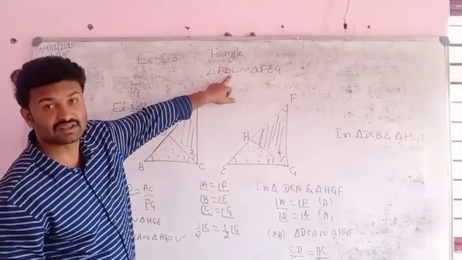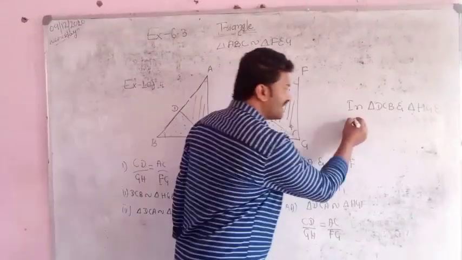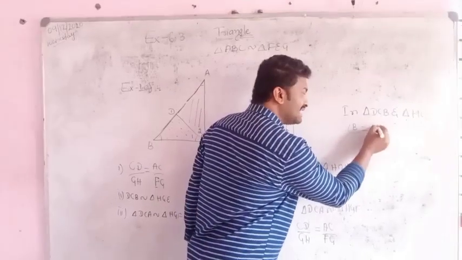By this statement, both triangles are similar. We can write angle B equals angle E.